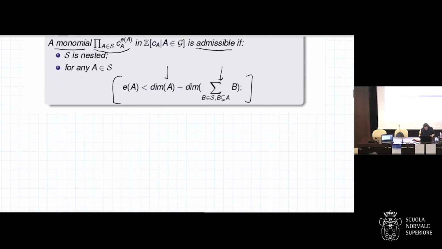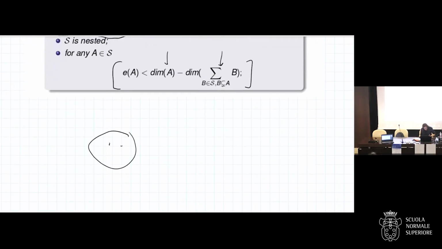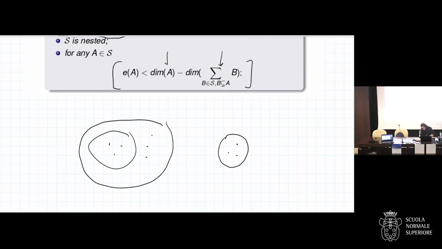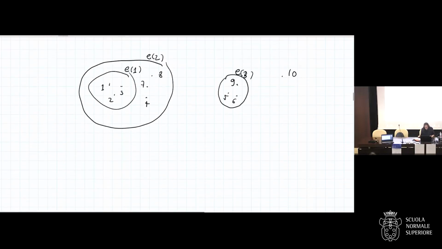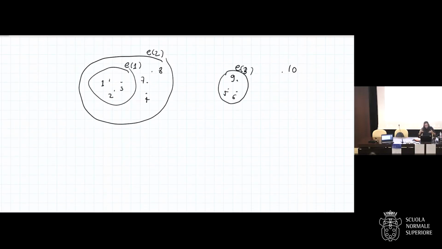Okay, so what we are saying is that if I have a certain nested set that now we know can be pictured somehow like this, then one can take this nested set, associate some exponent to every circle, every element appearing in this nested set, and then find an element of the basis. Now, another way of seeing this is looking at these as a bunch of trees this way.